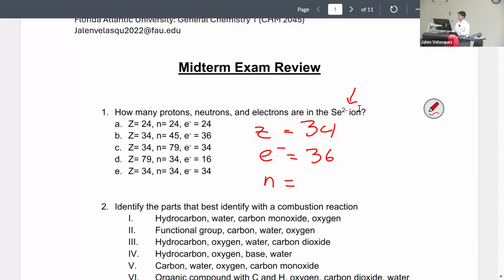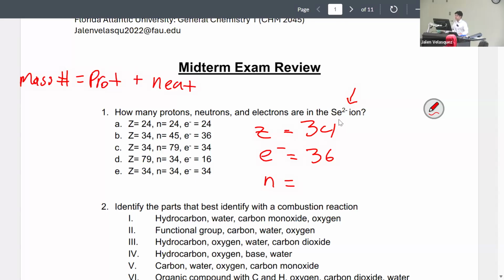Should be 45, right? And how do you get 45 neutrons? Is there anything on the periodic table that tells you how many neutrons you have? So, good, you can figure it out from what you have on the periodic table, right? Because you know mass number is equal to protons plus the neutrons, right?